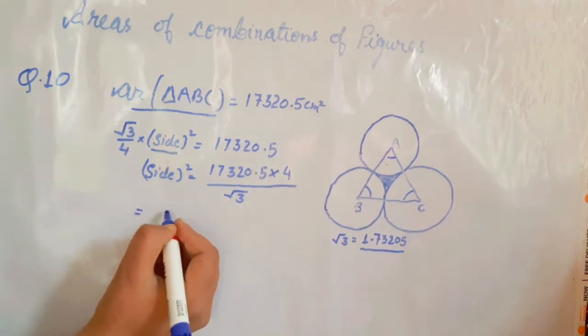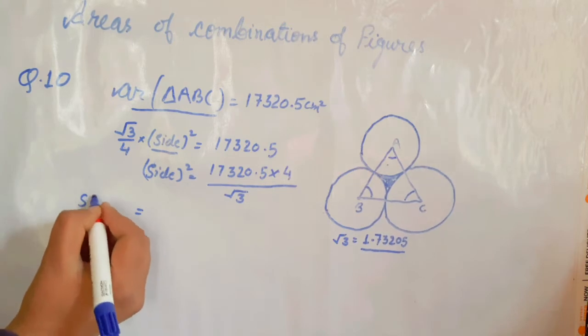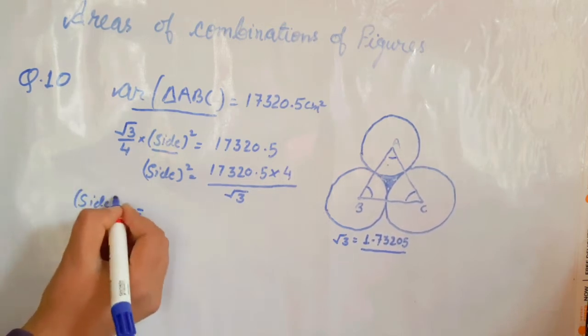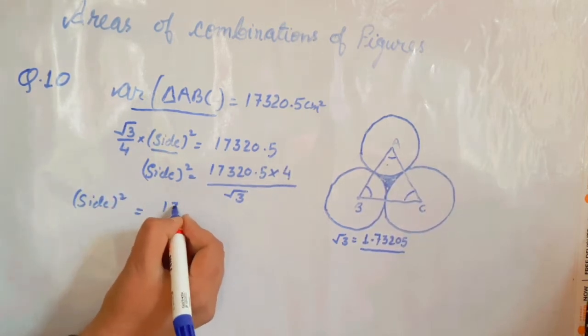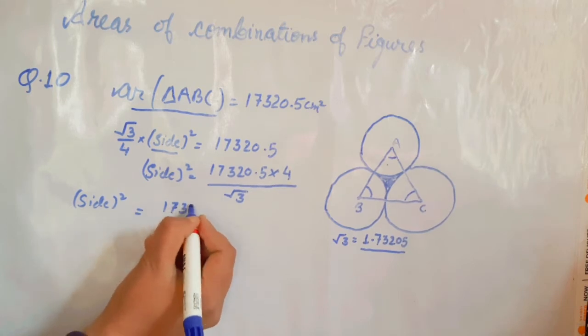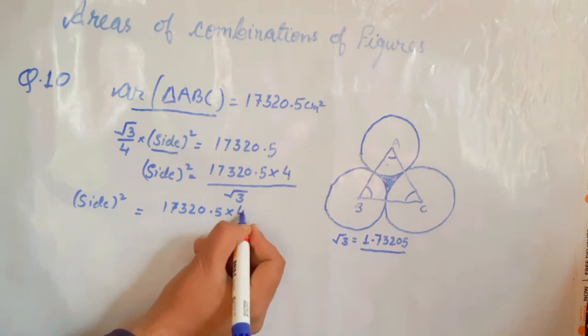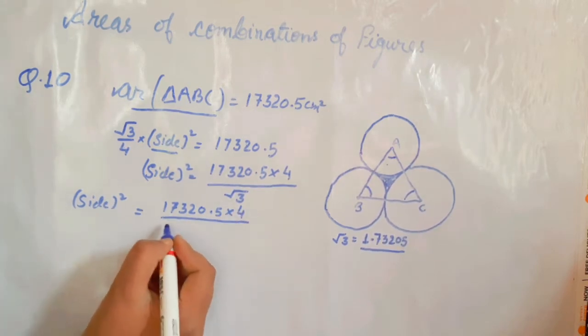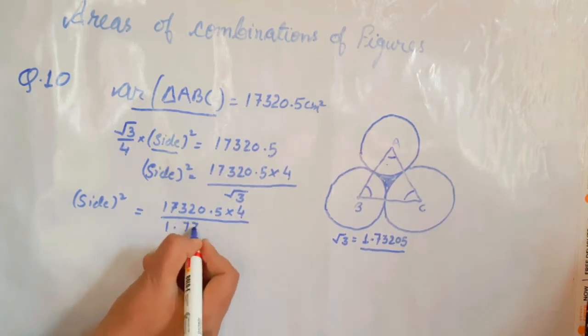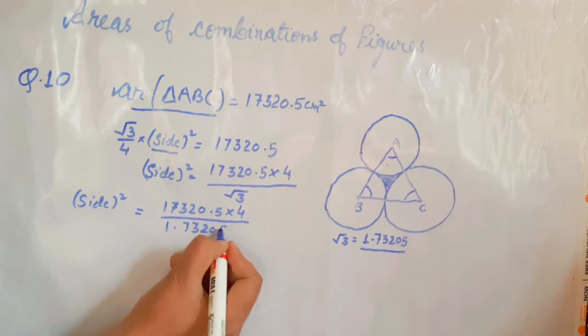So the side square will be equals to 17320.5 multiply by 4 whole upon 1.73205.